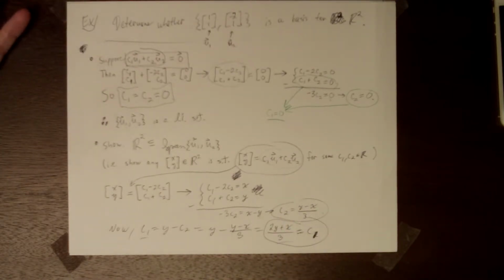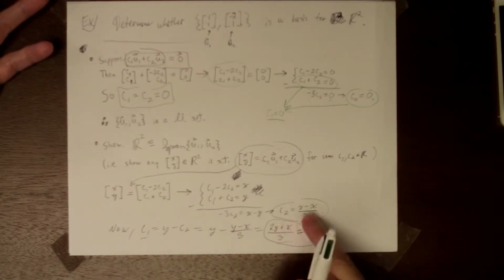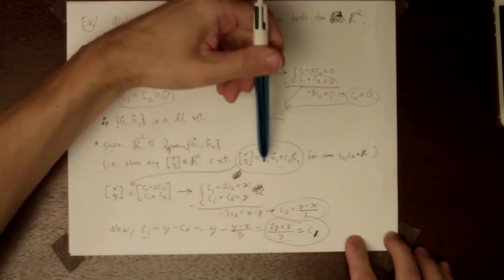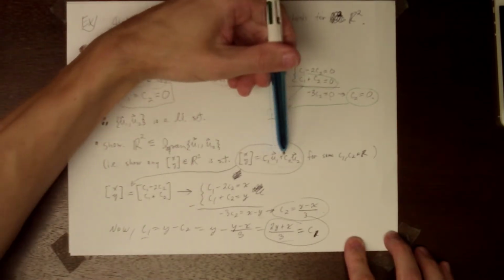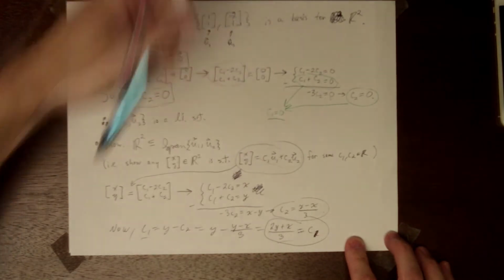You can test it out if you have your doubts. Substitute this expression for C1 and this expression for C2 here and here respectively, and add these guys up. You'll find you get xy.